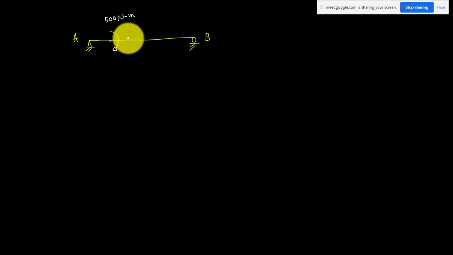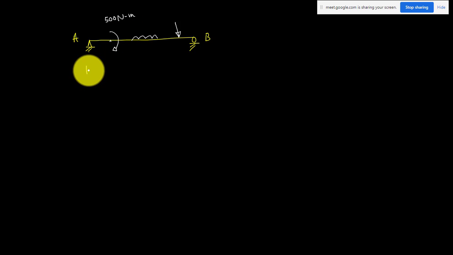Then we have a UDL for some length. Then again I have a concentrated load. So we have included three types of load at least: one is a concentrated load, one is some part of your beam experiencing a uniformly distributed load, and then a concentrated moment.